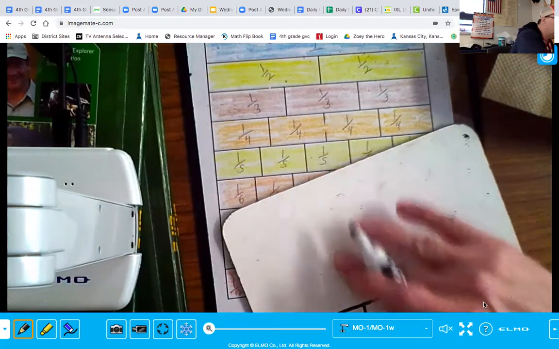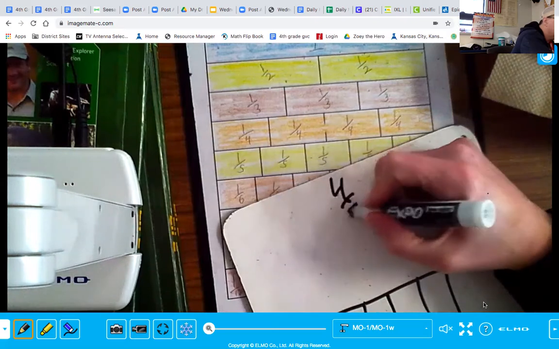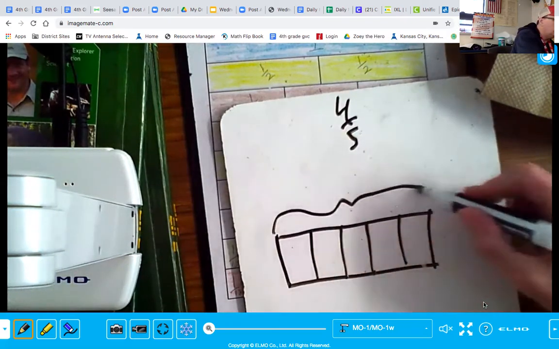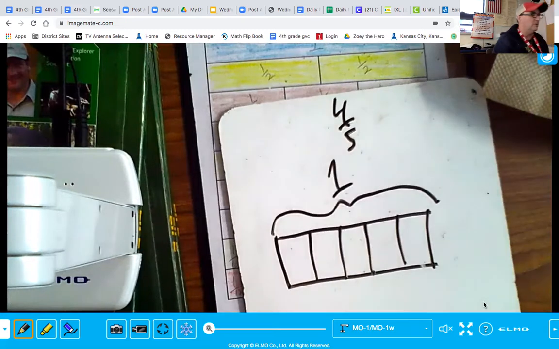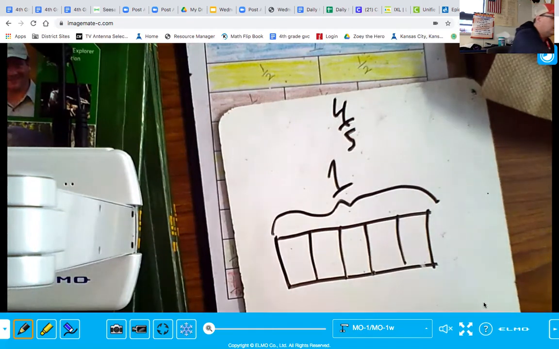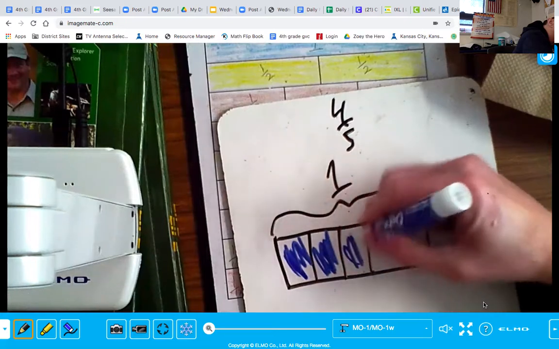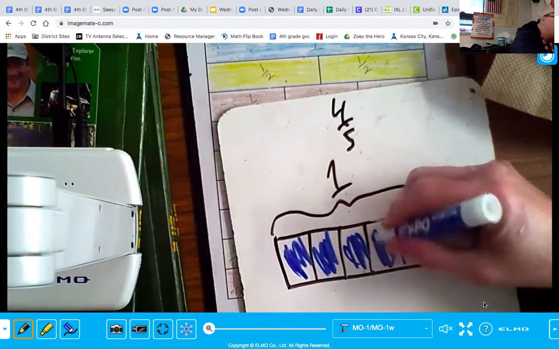Again, this is one whole rectangle, and we split it into 1, 2, 3, 4, 5 equal parts. So we're working with fifths. And let's select 4 of them because that's our numerator. 1, 2, 3, 4. There's 4.